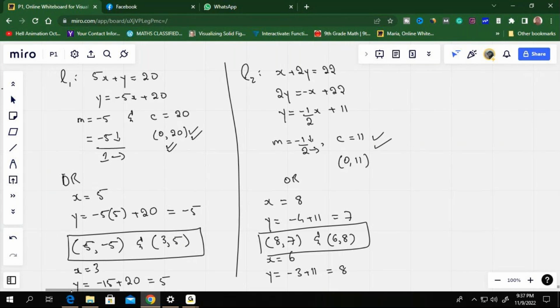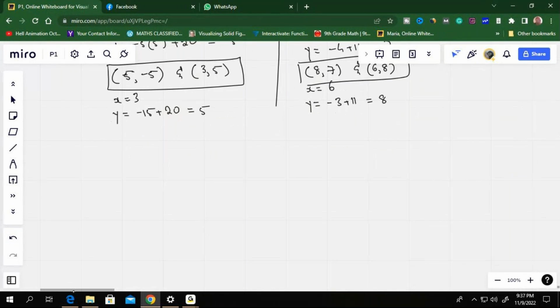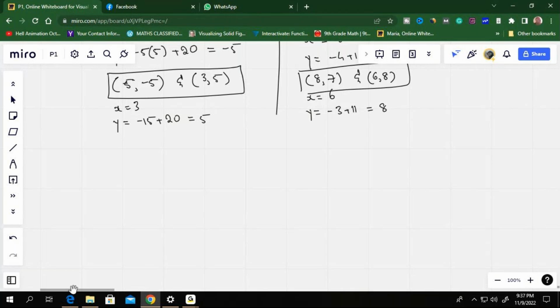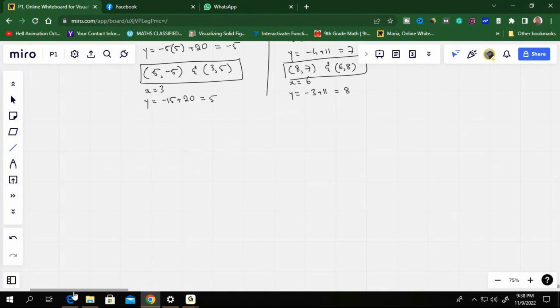Now I am going to sketch these 2 lines on the same diagram. I need 8 units on the positive x-axis, and I need 8 units on the y-axis and 5 units on the negative y-axis.